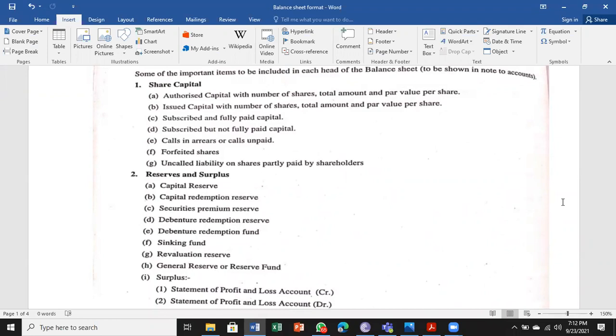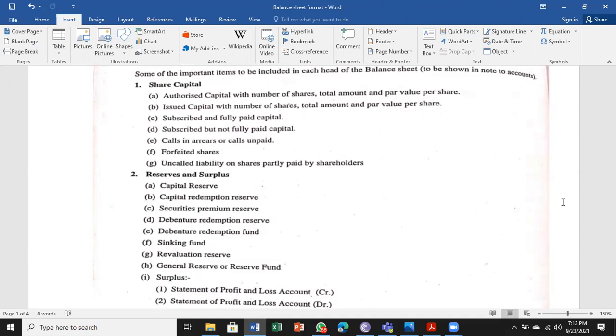For example, authorized capital is 100 crores. They may require 10 crores now. So they go for issue of 10 crore capital, and the public may subscribe all 10 crores or less than 10 crores.